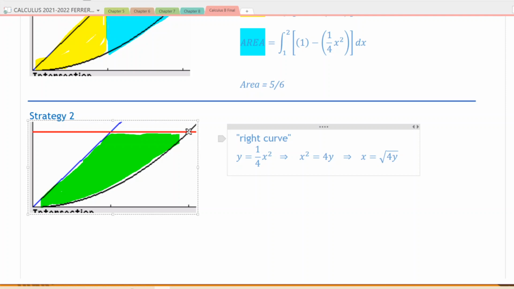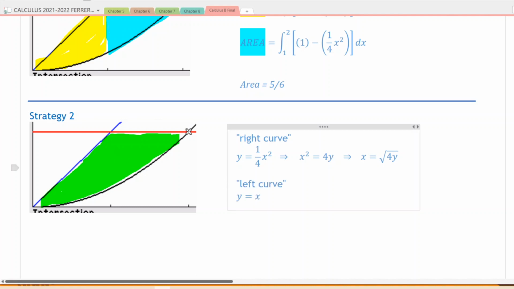You're going to have your calculator with you, so there's no real point in simplifying that. Now, the left curve is this blue curve, and this blue curve has the equation y equals x, which simplifies nicely into x equals y.